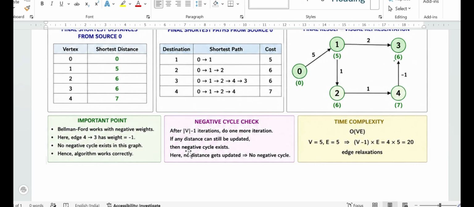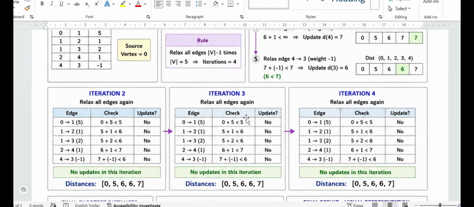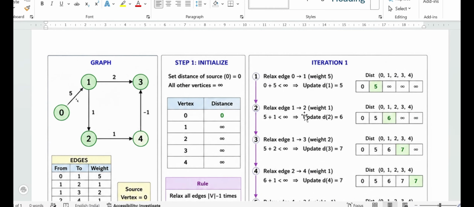If any distance can still be updated in the given graph, then we conclude the graph contains a negative cycle. Clear? Here no distance gets updated, so there is no negative cycle. Here we get the answer in one relaxation.